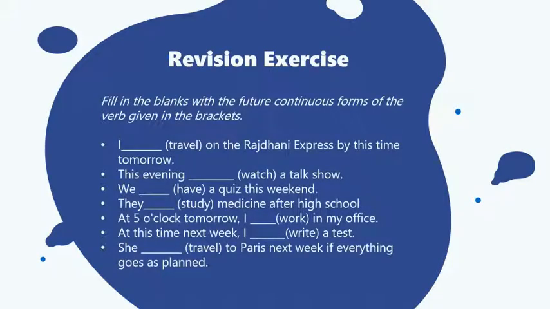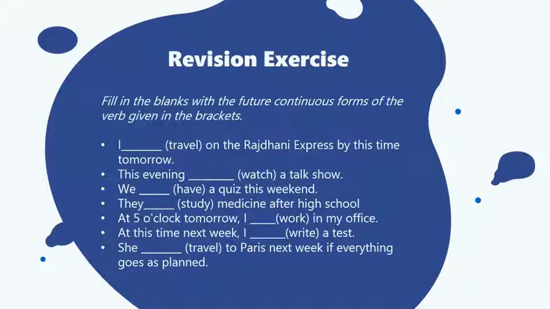Again, there's a revision exercise for you all. You have to fill in the blanks with the future continuous forms of the verbs given in the brackets. I dash travel on the Rajdhani Express by this time tomorrow. Second, this evening dash watch a talk show. Third, we dash have a quiz this weekend.